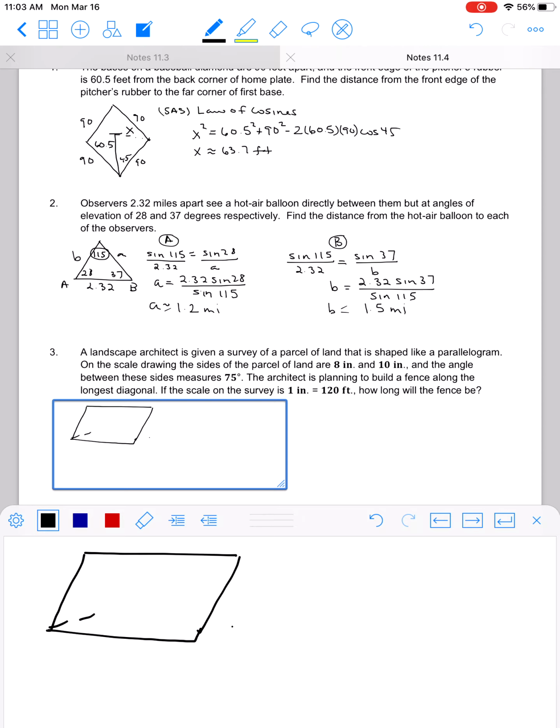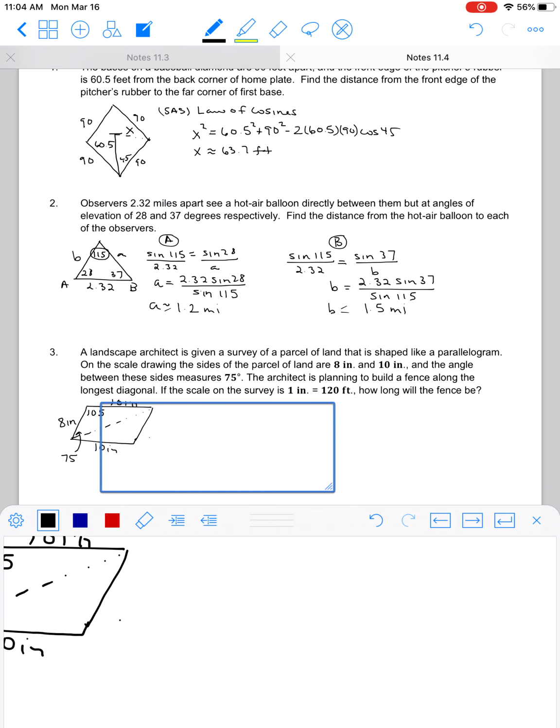So if I draw my diagonal, and this is an 8 inch, and this is a 10 inch, so that means this whole angle here is 75. That means up here is 105 by another property of a parallelogram.